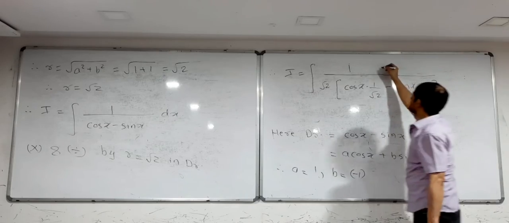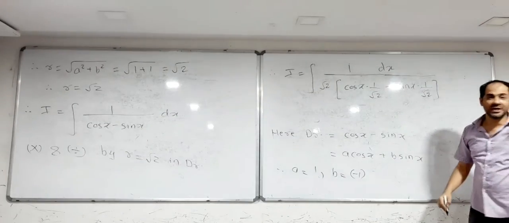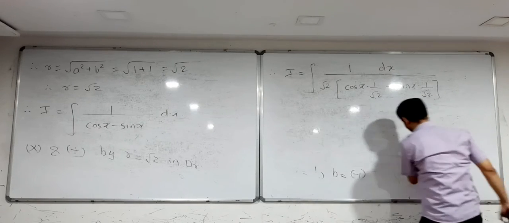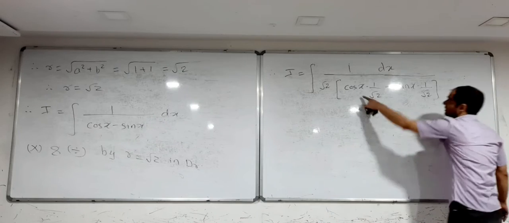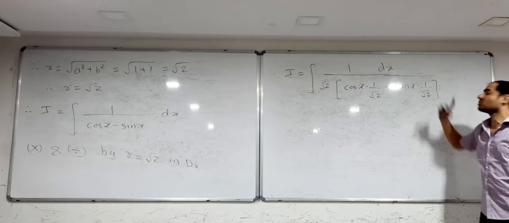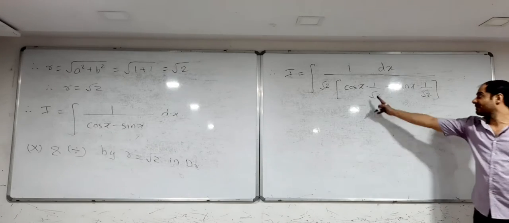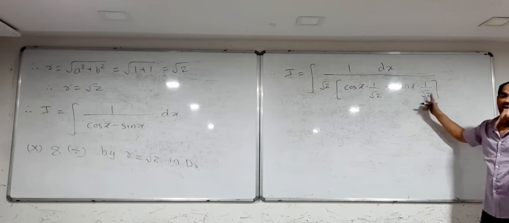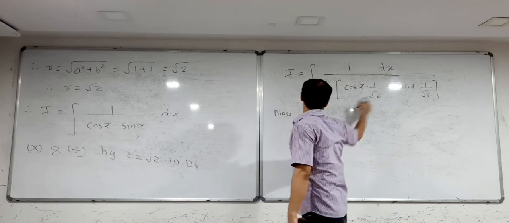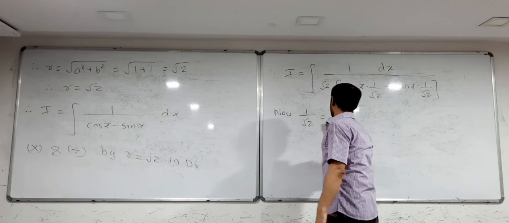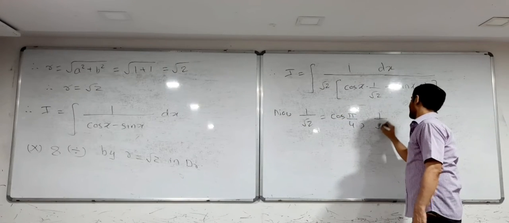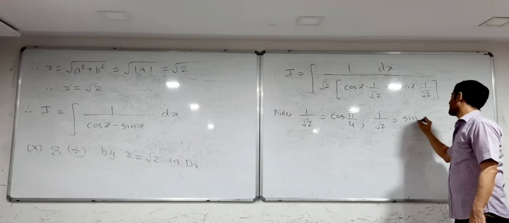As I told you, in the denominator I will prefer the formula of cos of a plus b or sin of a plus b. So I substitute 1 by root 2 with cos x as cos of 45 degree, which is cos pi by 4, and this 1 by root 2 with sin x as sin of 45 degree.